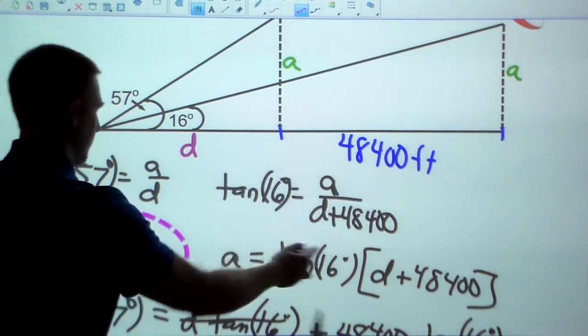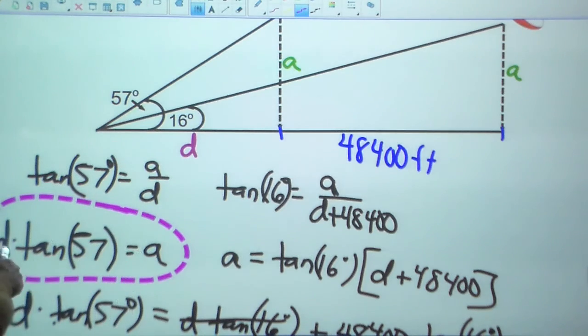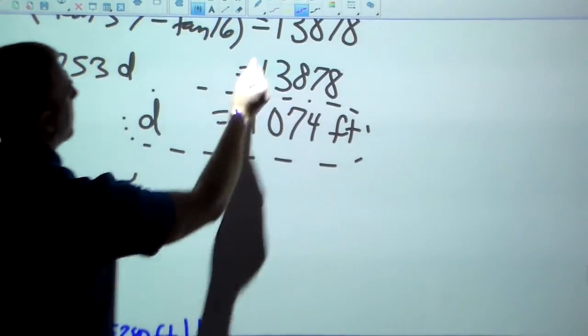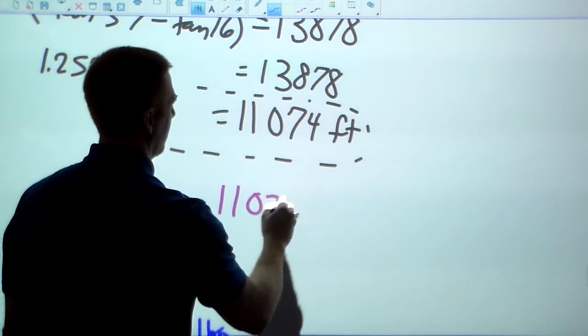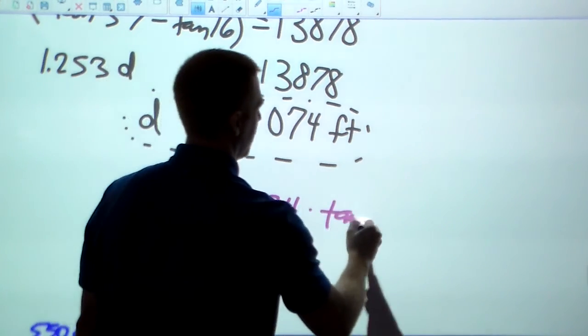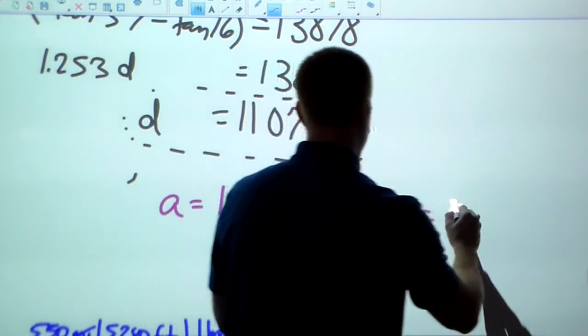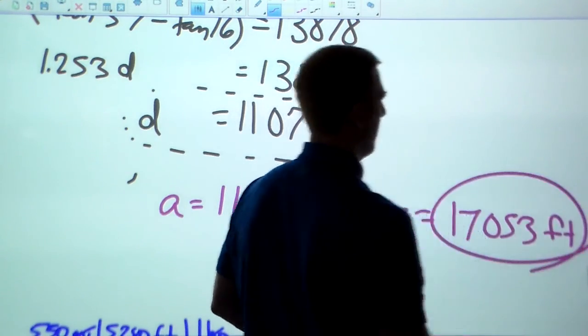Really, I've got both, but this one's the simplest. It's defined for altitude. If I just take that distance times tangent of 57, we'll be good to go. So altitude is going to be that distance times tangent of 57, and that should do it. So let's see what we come up with. We get 17,053 feet. Yeah, that will do it.